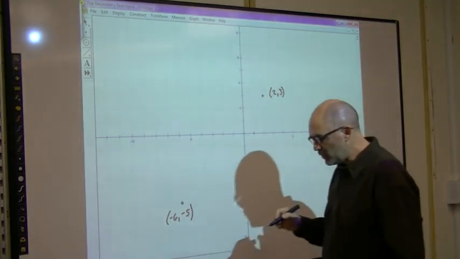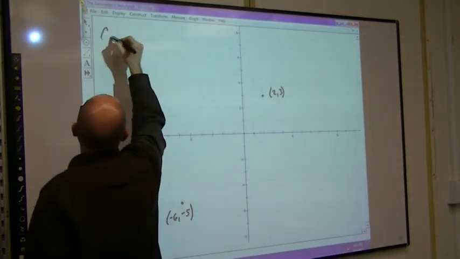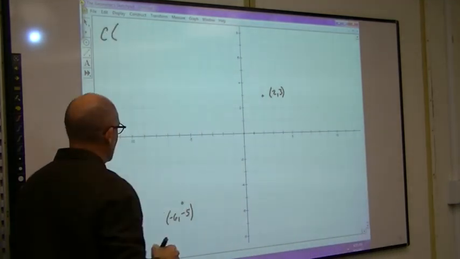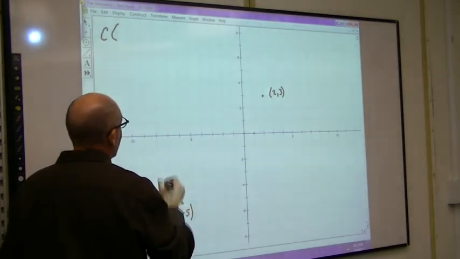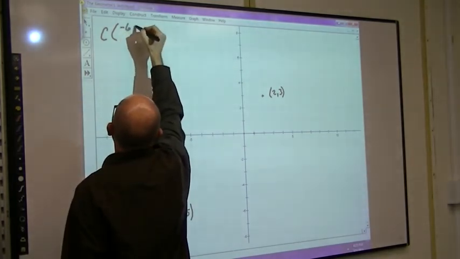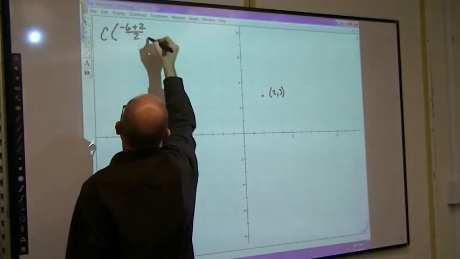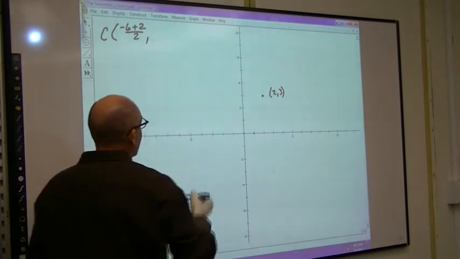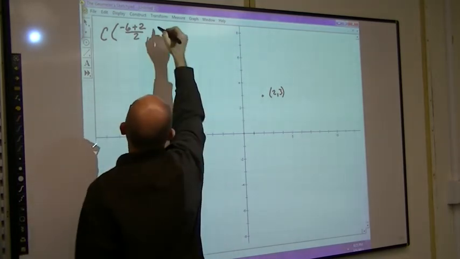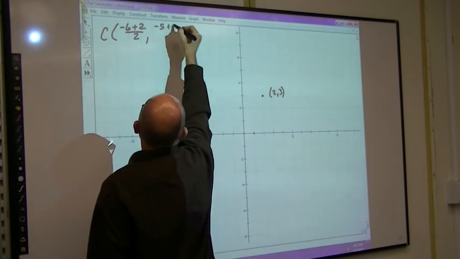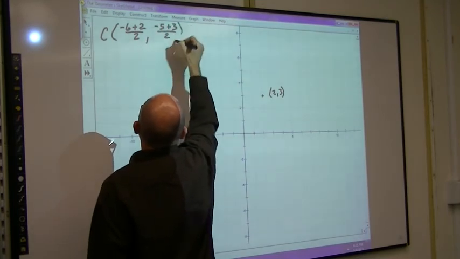So the center of this circle is going to be the average of the x's, so (−6 + 2)/2, and the average of the y's, (−5 + 3)/2.